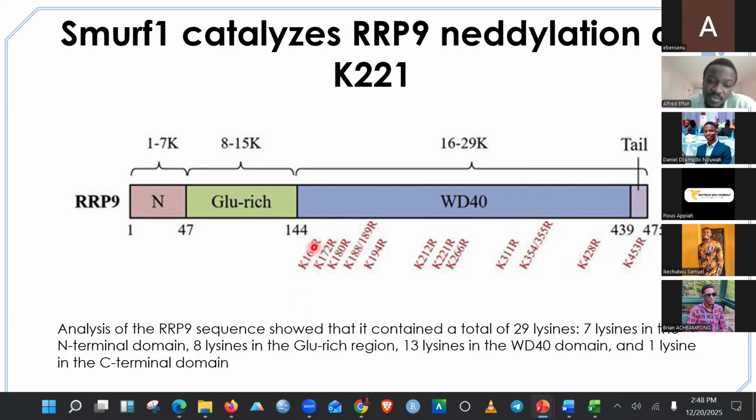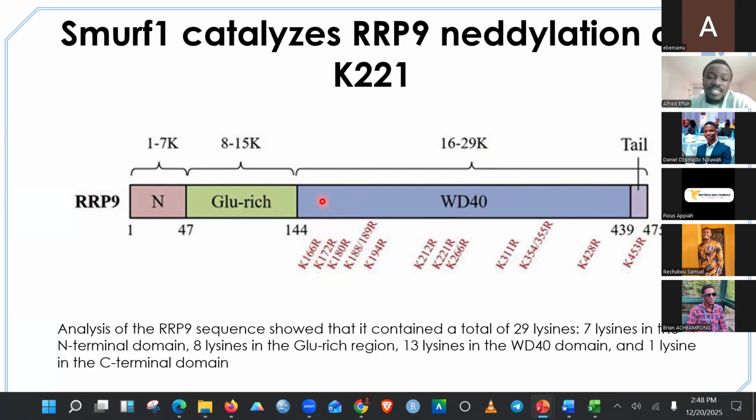They took position 166, mutated it to arginine, position 172, mutated it to arginine. All these positions, they changed lysine to arginine because arginine does not support the addition of NED8. So in one sample, we mutate only this.